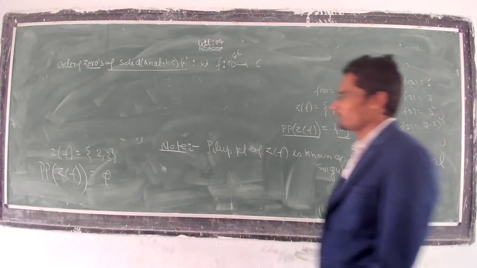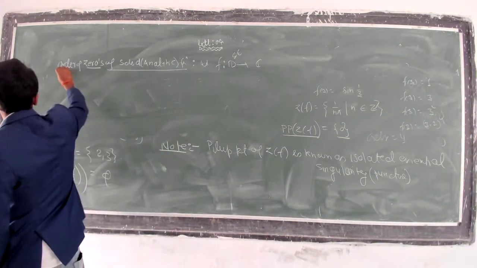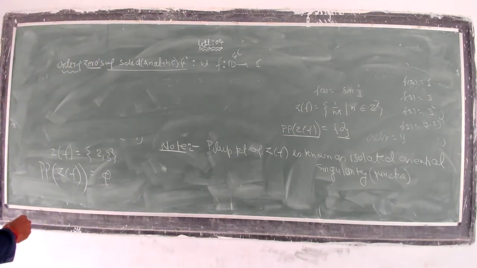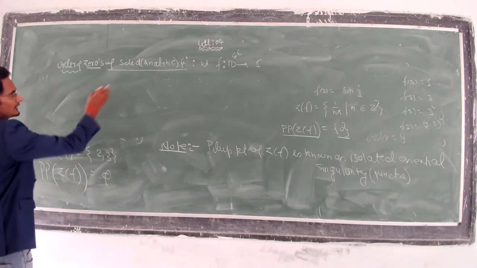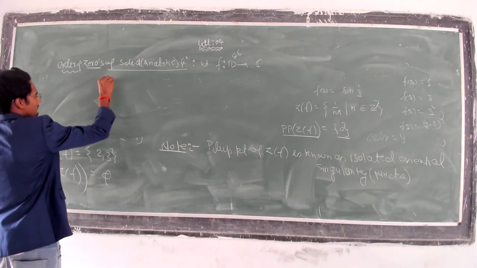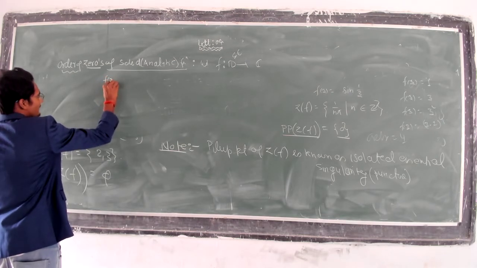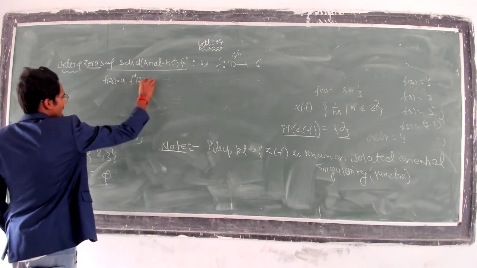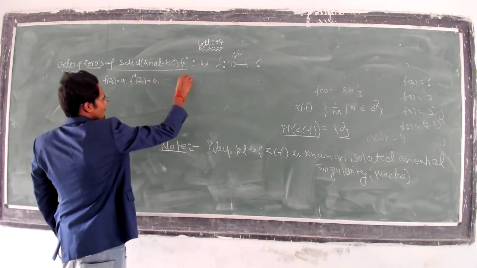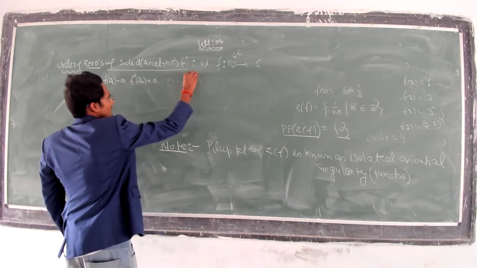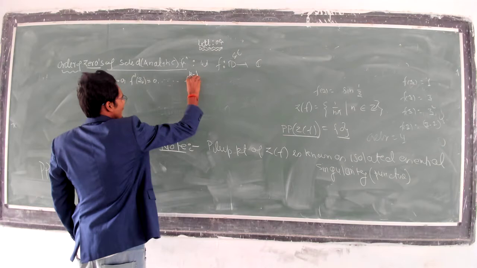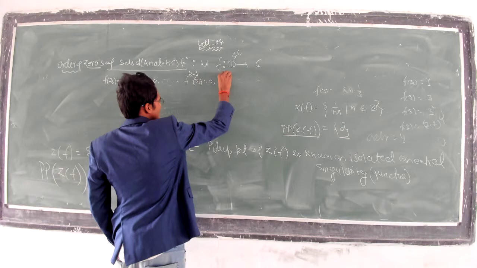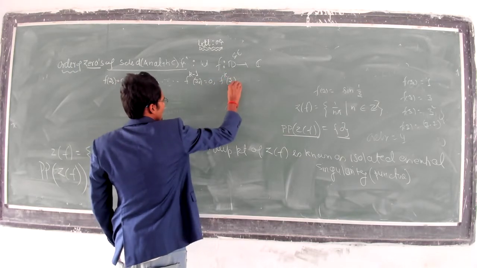Right? What is this meaning? Let us write it mathematically. So let f(z naught) be equal to 0, f dash (z naught) equal to 0, and so on, f to the (k minus 1) at z naught equal to 0, but f to the k at z naught non-zero.